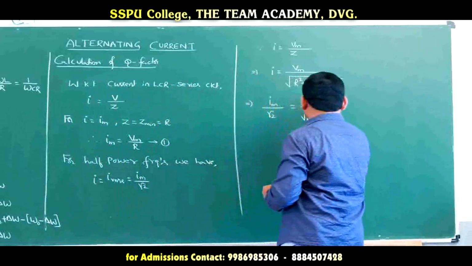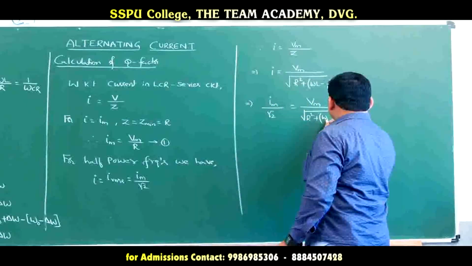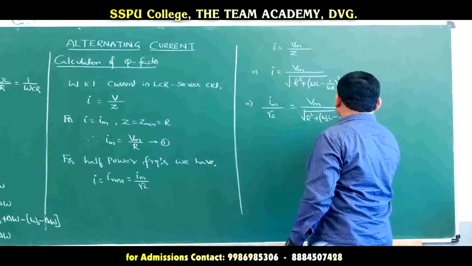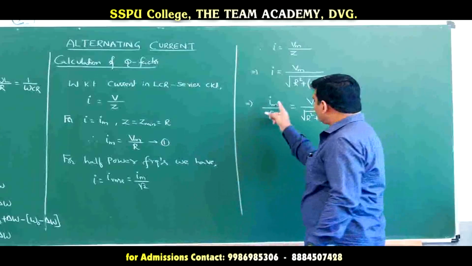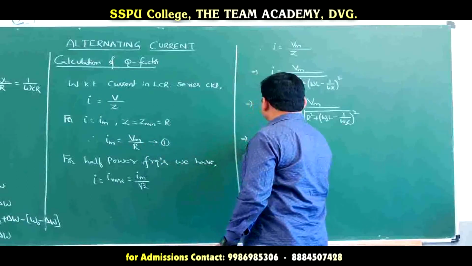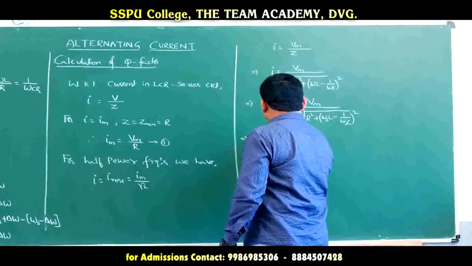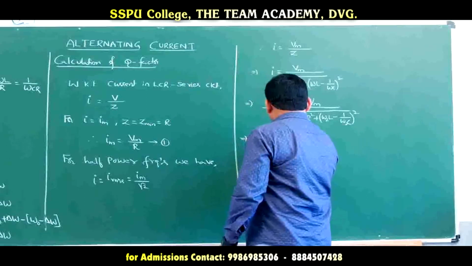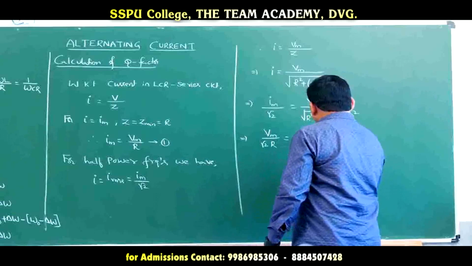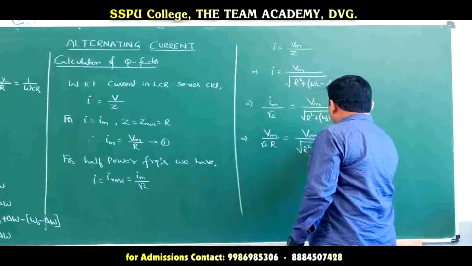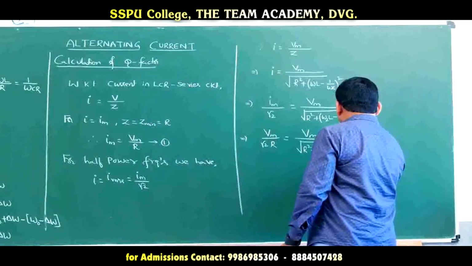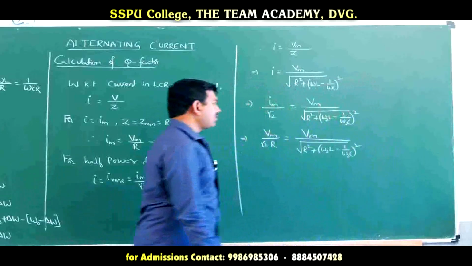Then what I can write? Omega 2 into L minus 1 by omega 2 into C whole square. Now, but what is Im? Im is equal to Vm divided by R. Substitute here. This implies Vm divided by root 2 into R is equal to Vm divided by square root of R square plus omega 2L minus 1 by omega 2C whole square. Shall I write like this or not?